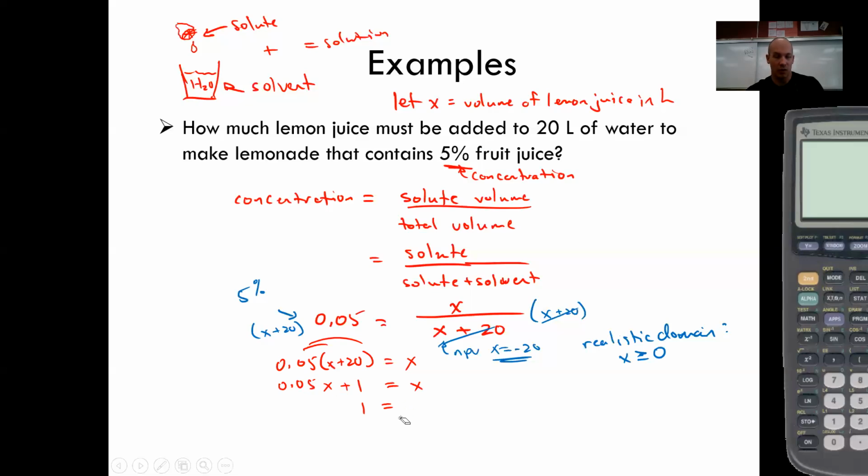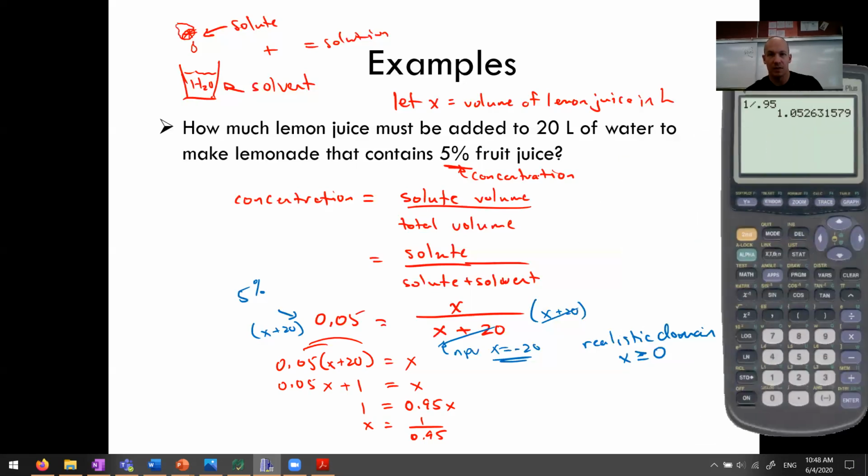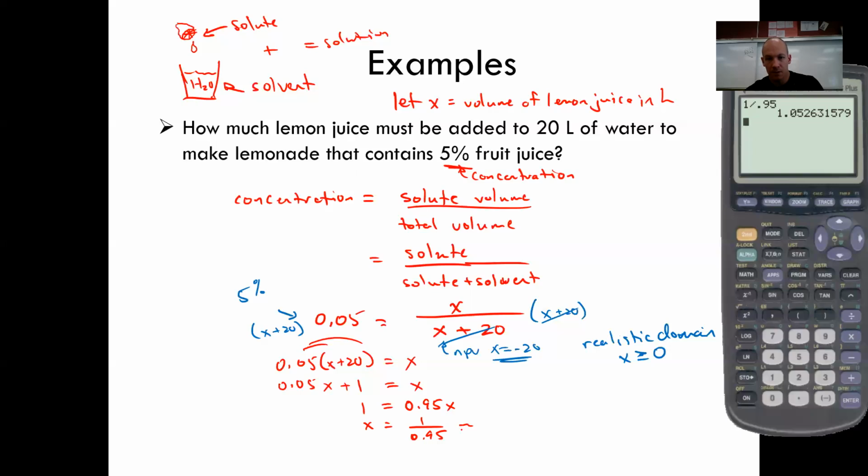So we're going to end up with 0.95X, and then X is 1 divided by 0.95, and this is why I have my handy calculator over here. So we turn it on. Okay, there we go. 1 divided by 0.95, and we wind up having 1.053 or whatever. 1.053 liters. So just a little bit over 1 liter.